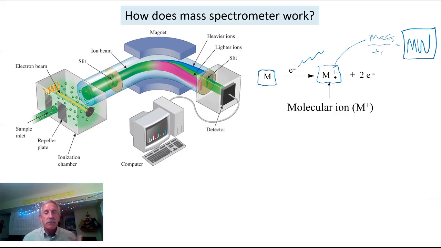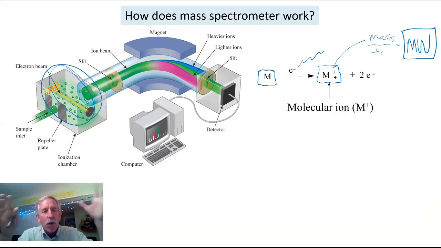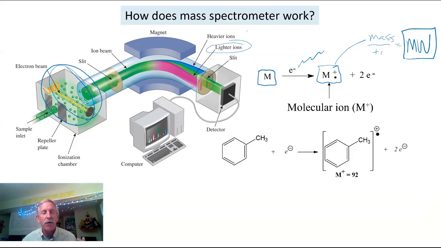Now, let's take a look, because again, this is a very destructive process taking place over here. And there's nothing that says that the electron beams hitting your molecule do not blow up your molecule into other ions lighter than the molecular weight, okay? So here's an example of our favorite poster child, toluene.